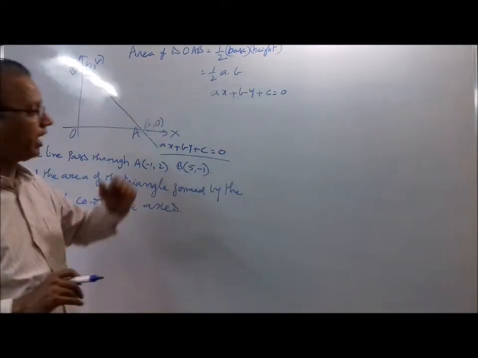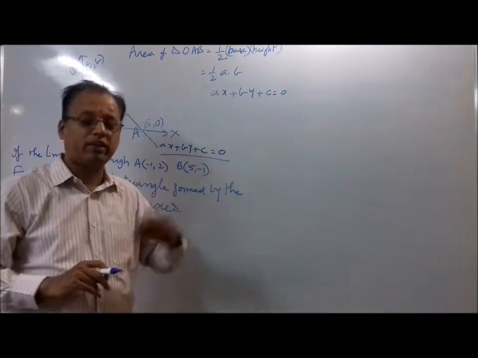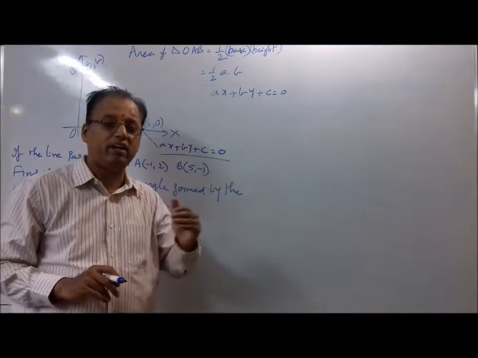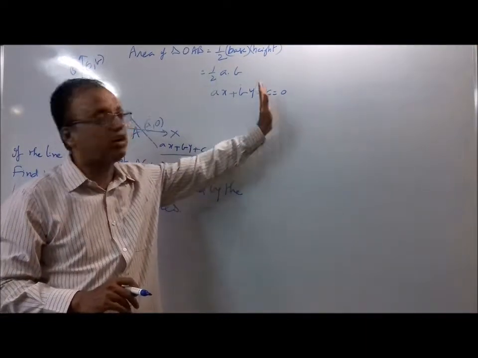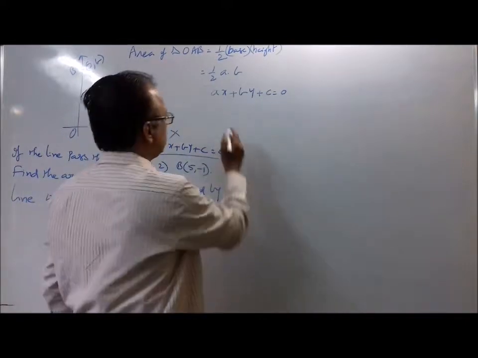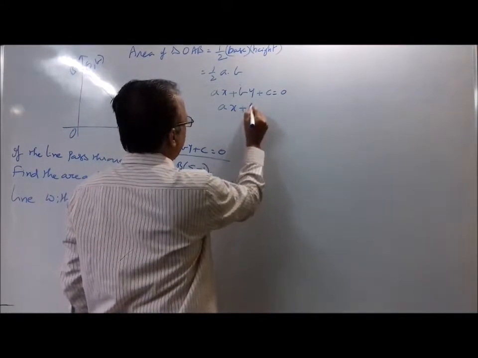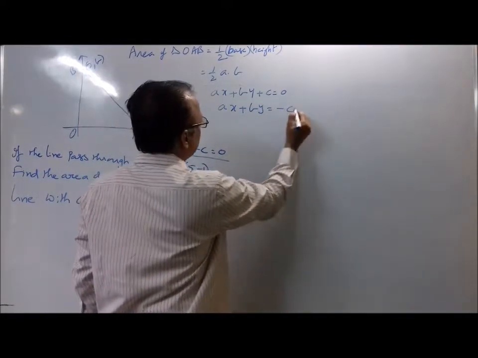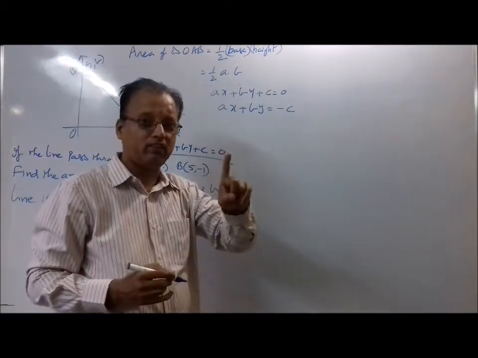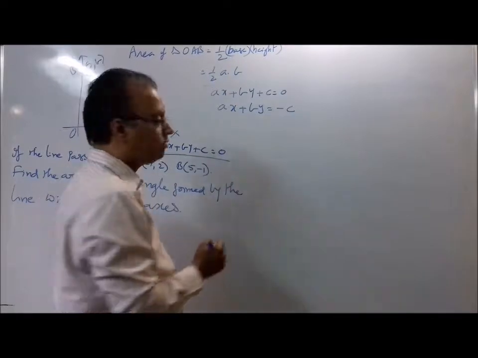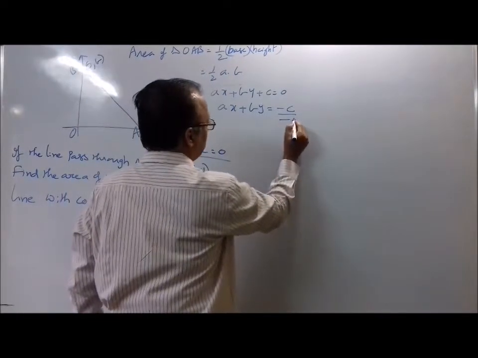First of all, converting this into the intercept form, x by a plus y by b is equal to 1. So ax plus by is equal to minus c. Now I have to make the right side 1. How? Dividing by minus c.